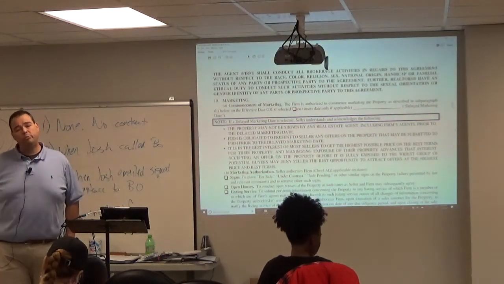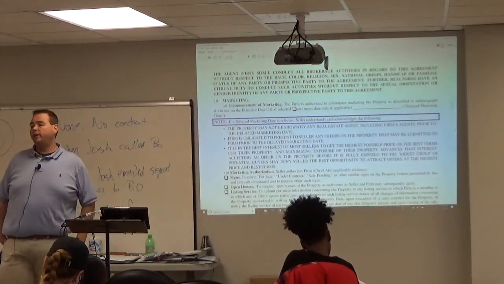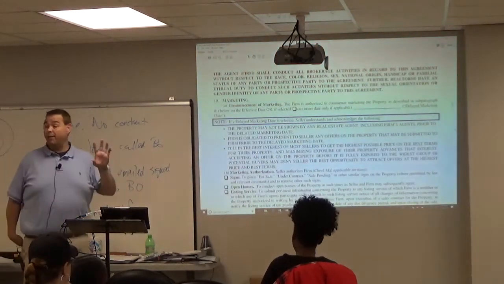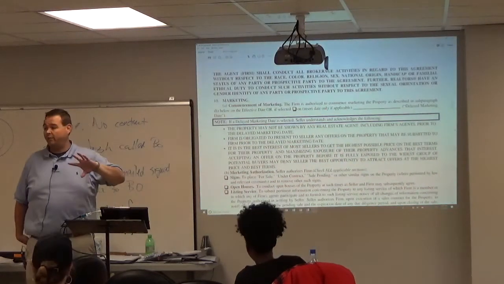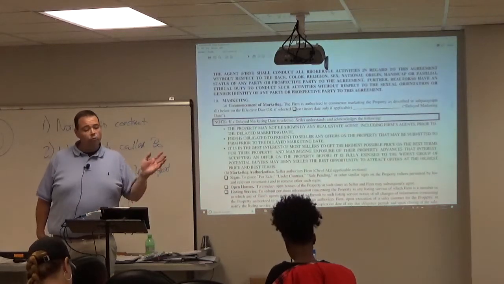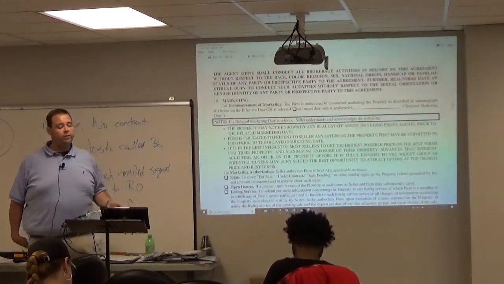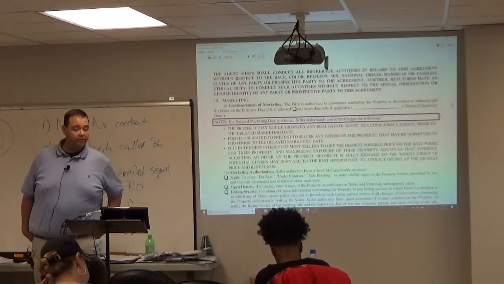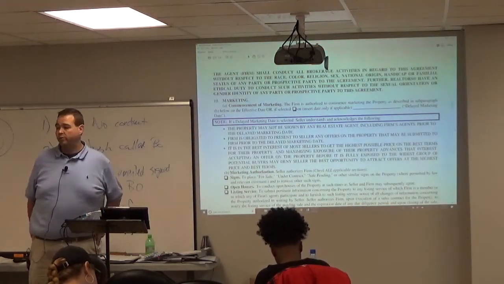So if you choose to be a realtor, you're actually taking on more responsibility for non-discrimination. And it makes it clear that it's a realtor rule, not a federal rule, because it says, furthermore, realtors have an ethical duty to conduct such activities without respect to the sexual orientation or gender identity of any party or prospective party to this agreement.